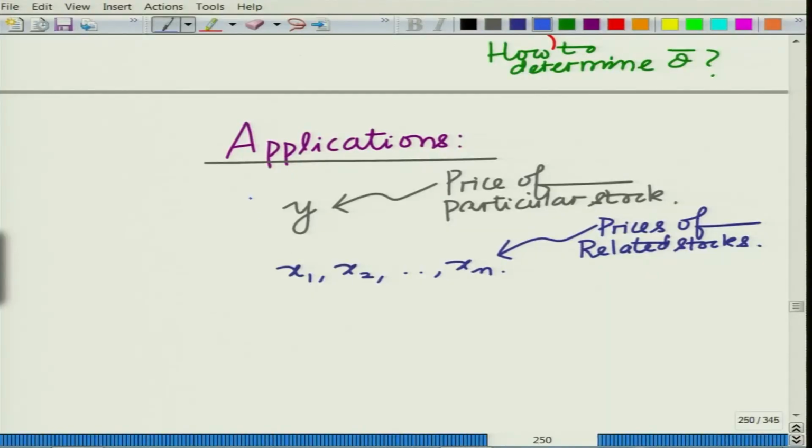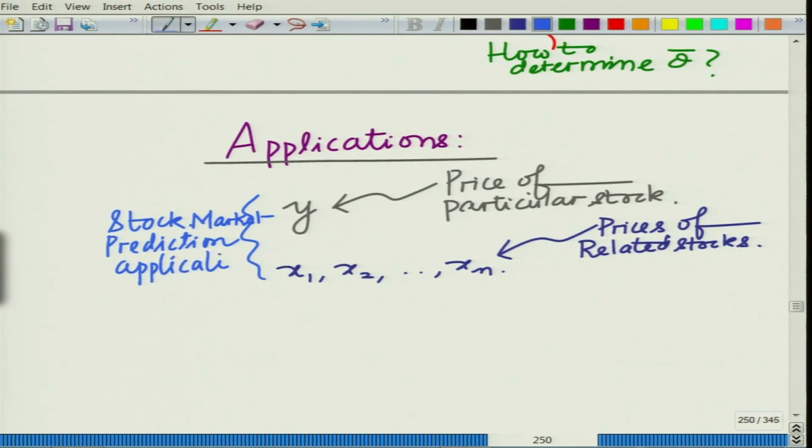One can determine y using a linear regressor in terms of the explanatory variables x1, x2, xn, which are the prices of related stocks. This is a stock market prediction application.